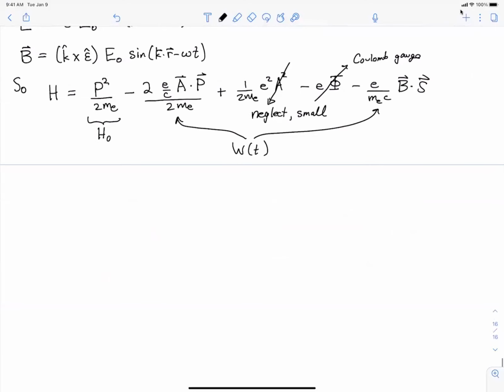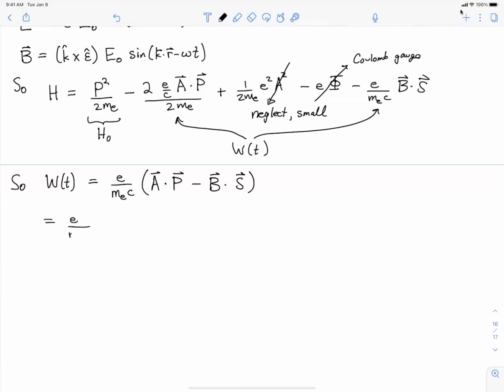Okay, so let's write our W of t. It's got 2 terms that both have the electric field over m_e c in them. And those 2 terms are A dot P minus B dot S. And so now the next thing to do is just plug in what they are as functions of time.